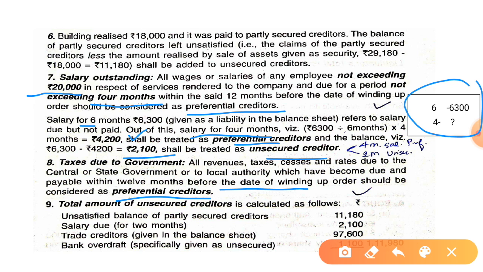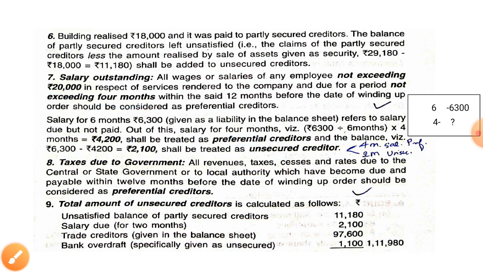Total amount of unsecured creditors. Now we have to find out the total value of unsecured creditors. See here, unsatisfied balance of partly secured creditors. This is the building we gave and the balance amount was there, no? That we considered here, right? 11,180. So that should be considered as unsecured creditors.